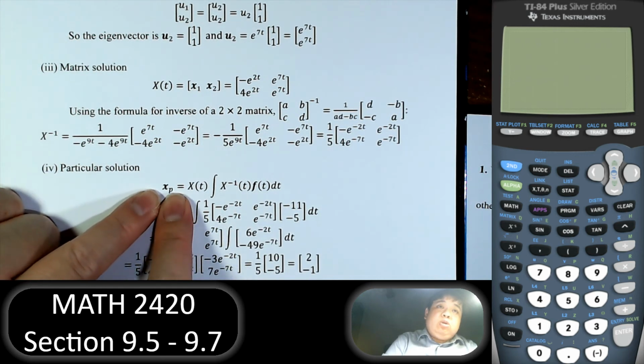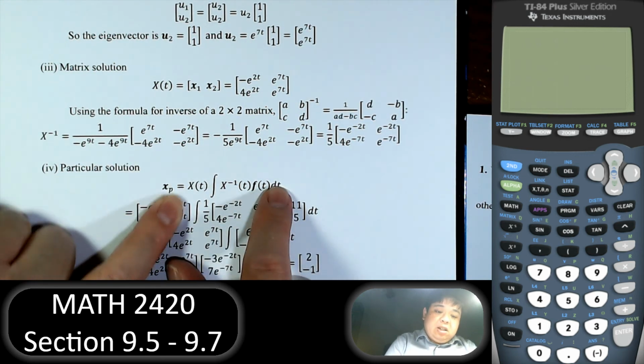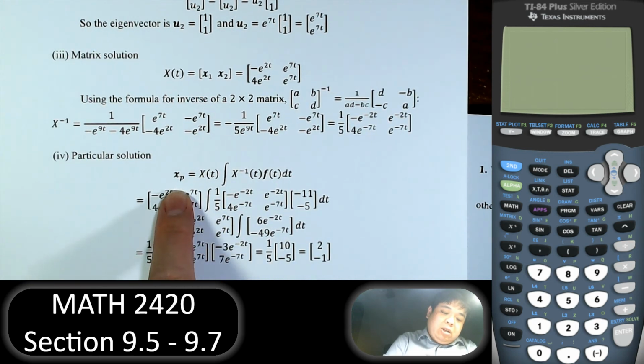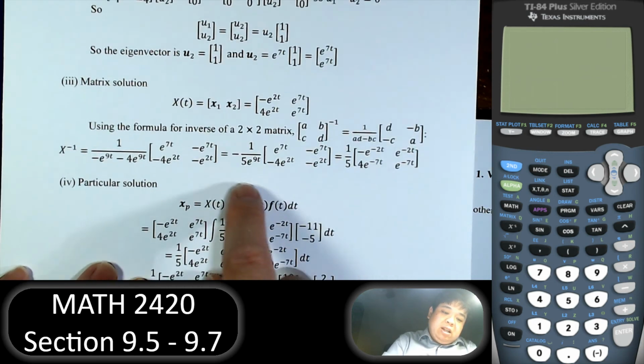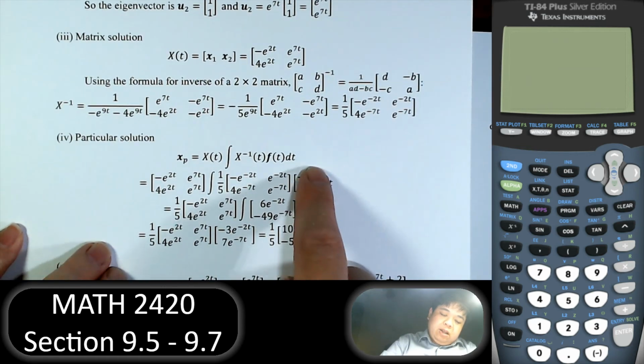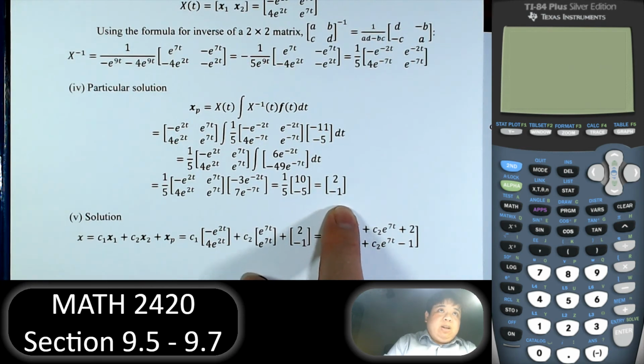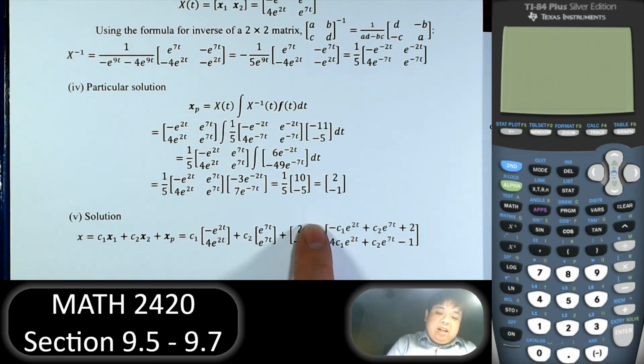The particular solution is equal to the matrix times the integral of the inverse times f(t). The matrix inverse times f(t), the input function, is going to be that, and multiplying, you have 2 and negative 1, and finally that is the particular solution. We're just going to add it at the end.